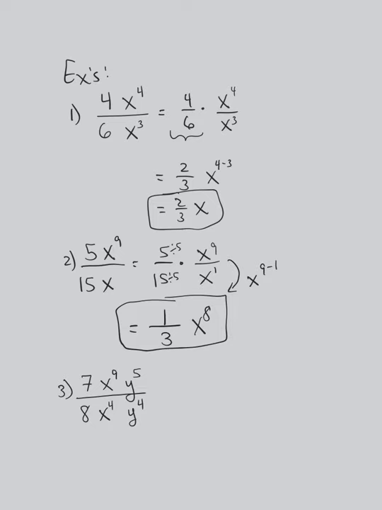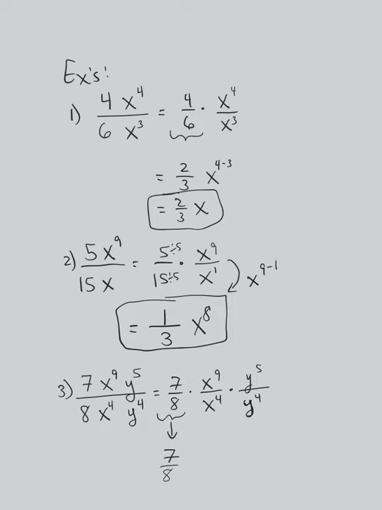Since I have several variables, first of all I'll group my numbers like we've been doing, and then I have x to the ninth over x to the fourth. I want to group my like variables. Remember, the reason we're doing that is to apply law 4, you have to have the same base. So we've grouped it so that things have the same base. Now 7 over 8, there's no even division or reducing there, so we just leave it as 7 over 8.